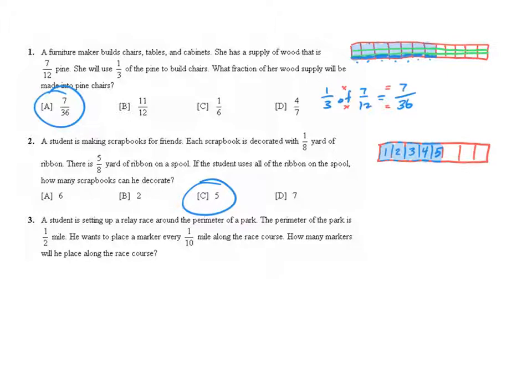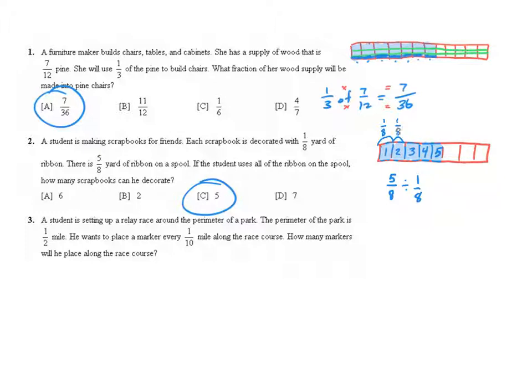If we look at what we just did here, we started out with 5/8 of a spool of ribbon. Then we divided that 5/8 into groups of 1/8. Even though I wrote 1, 2, 3, 4, 5 on the bar model here, what each of these sections really represented was 1/8 of the whole.